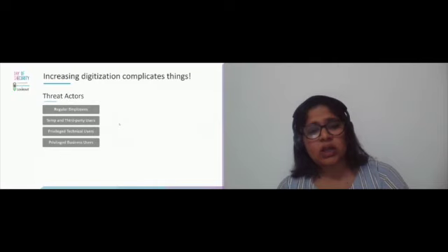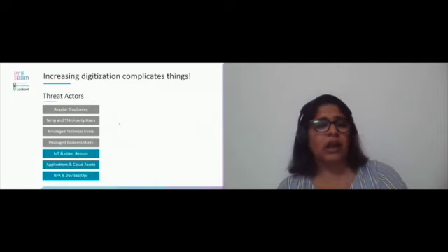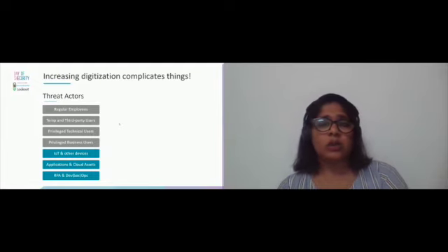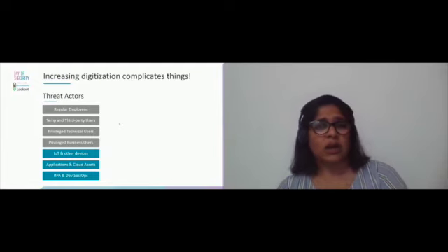Now, in the new world, there are additional actors, right? You have the IoT devices. In a hospital, you may have medical devices that are accessing patient records, right? We are going the RPA, bots, and DevOps way.